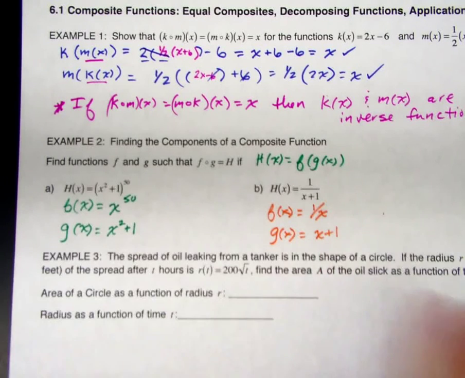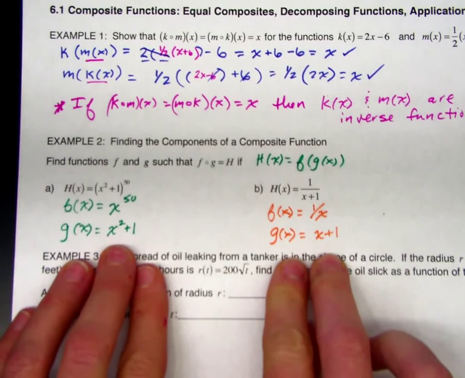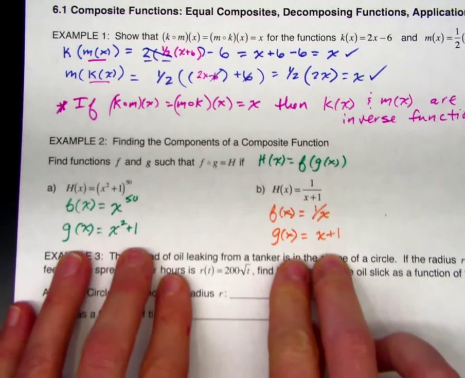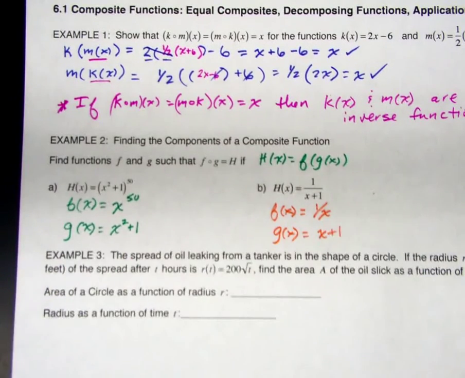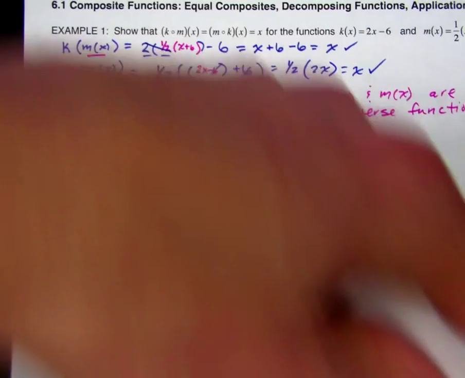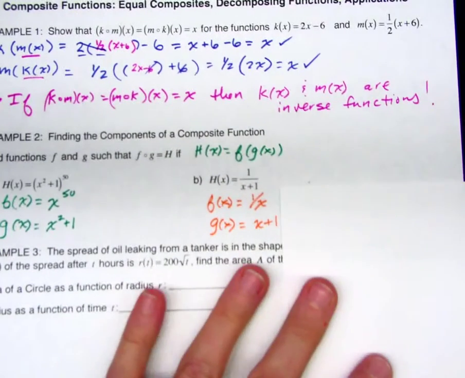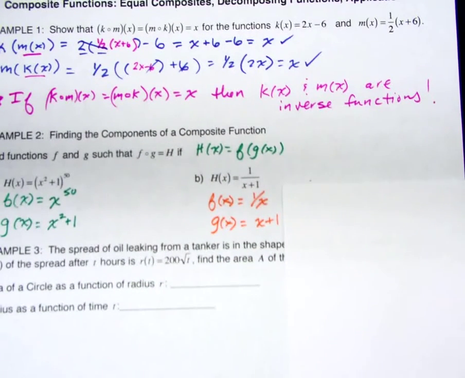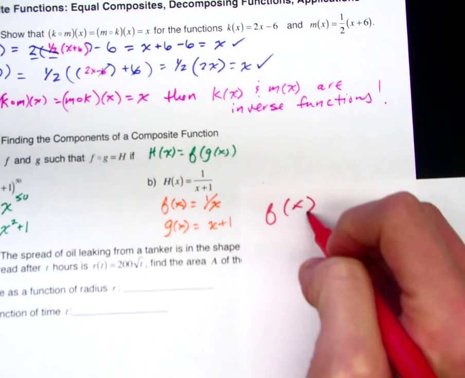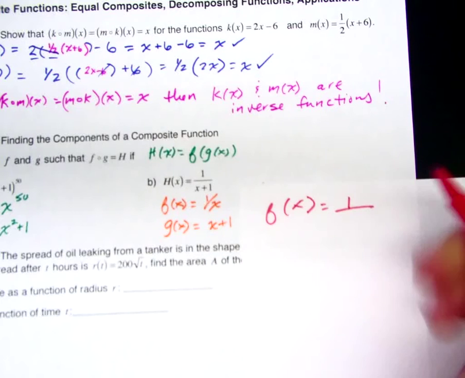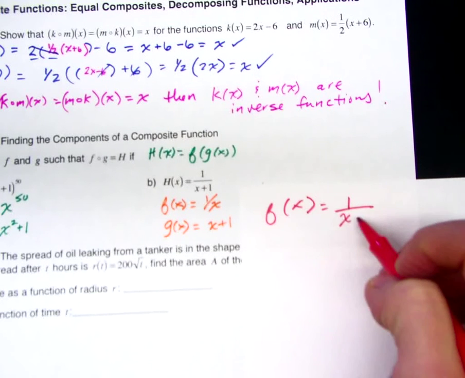x plus 1. Now these are the most simple formats of breaking this down, but it is important to realize you could have infinitely many solutions here. And what I mean by that, I'm going to redo this one, and let's say I gave you f of x, and I said, oh, what if f of x is 1 over x minus 7?